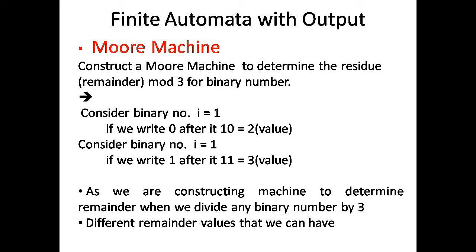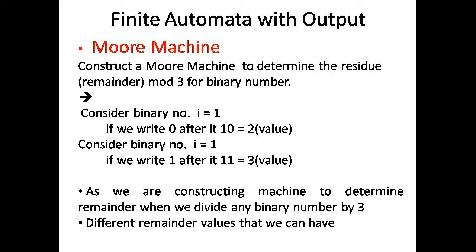If we write 1 after i, then its value becomes 2i plus 1. For example, if i is equal to 1 and we write 0 after 1, then the value becomes 2. And if i is equal to 1 and we write 1 after 1, then its value becomes 3.